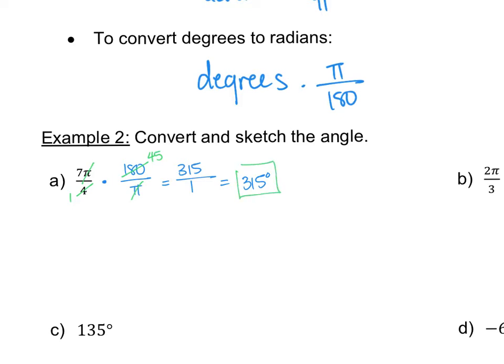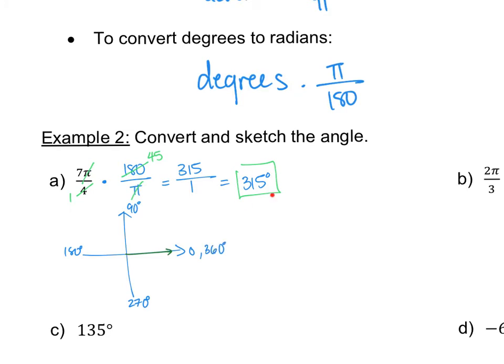And that's it. So to draw the picture here, I have it starting at 0. My initial side is sitting at 0, and I need to swing this to 315. Remember, in degrees, this is 90 degrees, this is 180, and that's not enough. This here would be 270, and then if I add another 90 degrees, I'm back to 360.